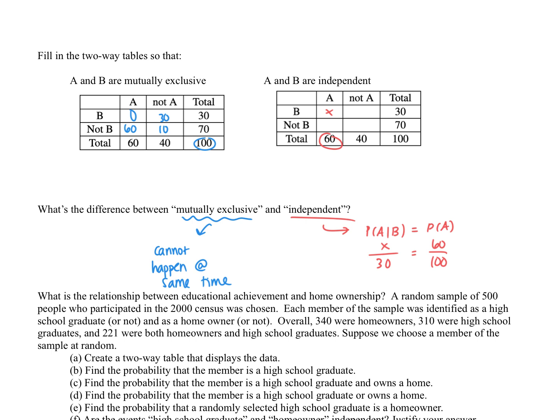And then you're just cross multiplying. That X ends up being 18. So this number is 18, and then you can fill in the rest of the table. So this would be 12. This would be 42. This would be 28.